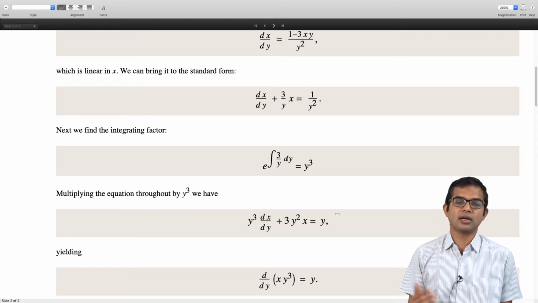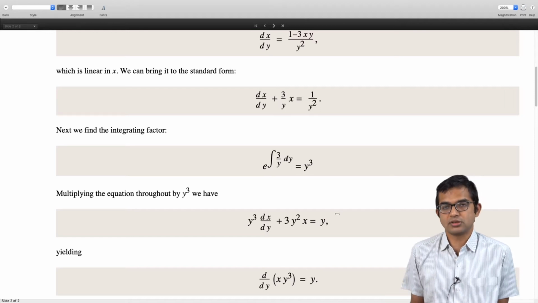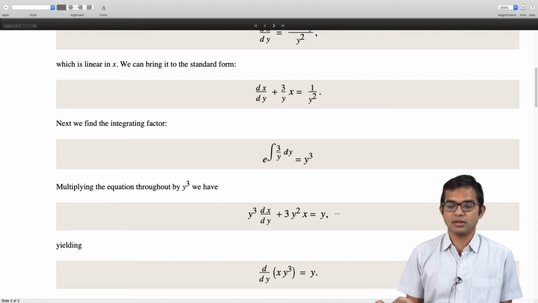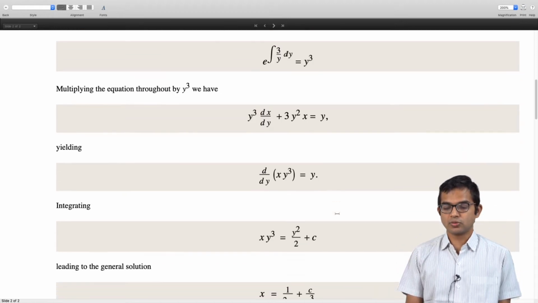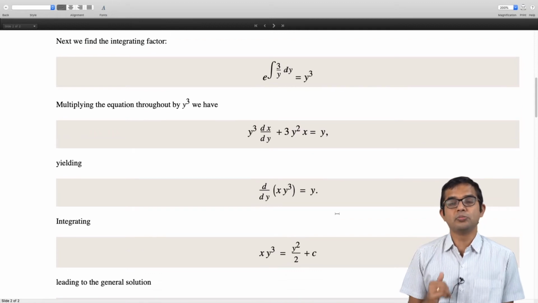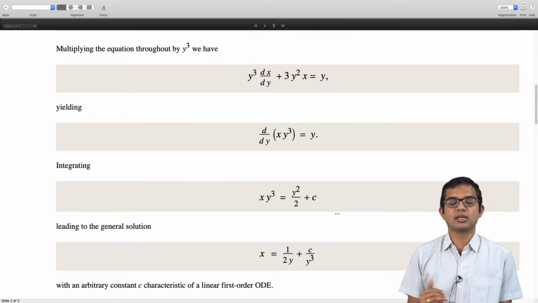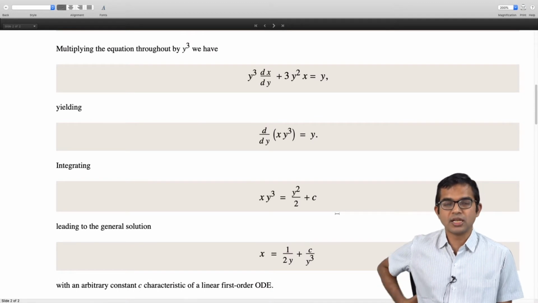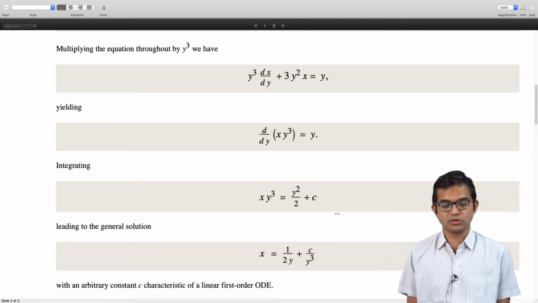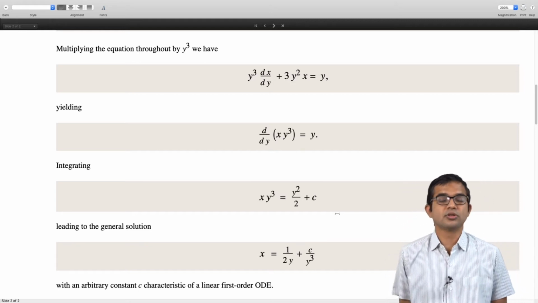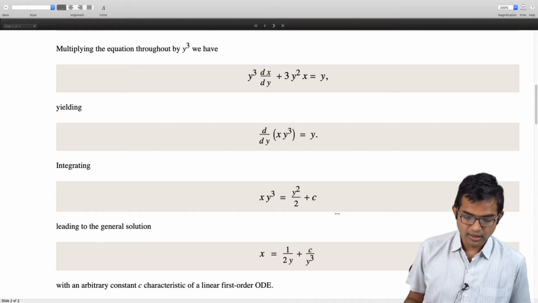And the right hand side is a very simple function, just equal to y. From here it's just a matter of integrating the right hand side function, which in this case is completely trivial. So x y cube is equal to y squared over 2 plus c. Therefore we can go ahead and write down the solution as x is equal to 1 over 2y plus c over y cube, right? So the solution is obtained with x as a function of y in this case.